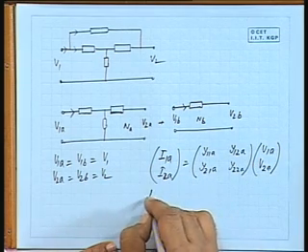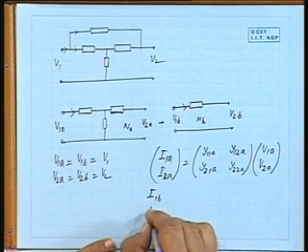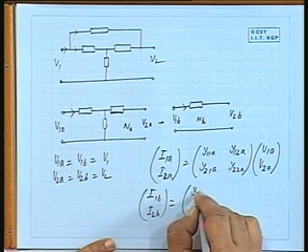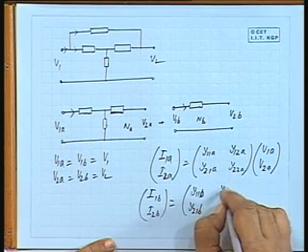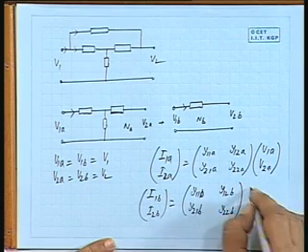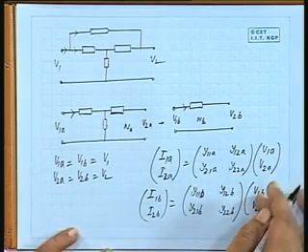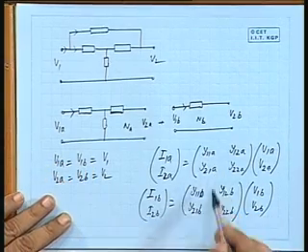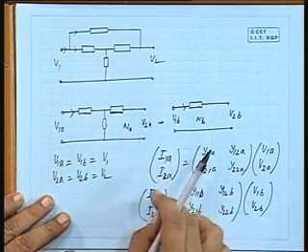Similarly, the second network is I1B, I2B equal to Y11B, Y12B, Y21B, Y22B into V1B, V2B. Since this vector is the same as this vector, these elements can be added together to generate the total current vector, this plus this.